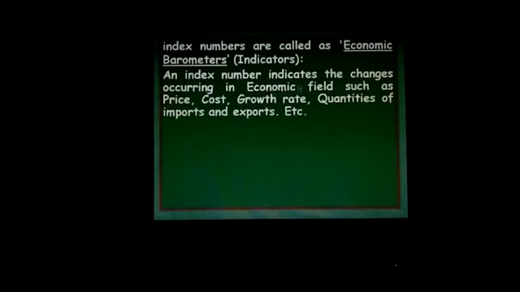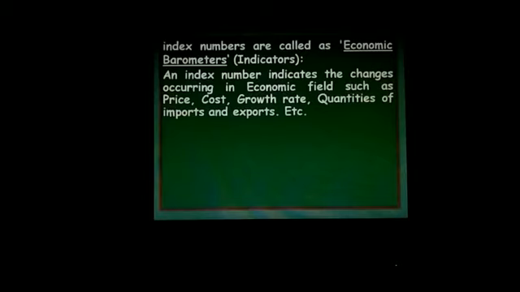An index number indicates the changes occurring in the economic field such as price, cost, growth rate, quantities of imports and exports, etc. As I have said, in this chapter we will mainly be dealing with the price of commodities and quantities, how much they have been consumed or used, and then the expenditure applicable to use or consume those quantities considered with respect to their price.